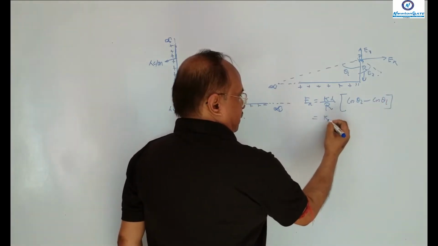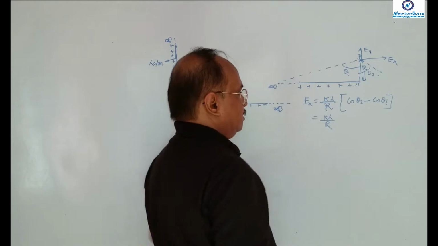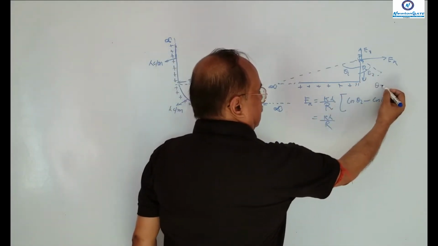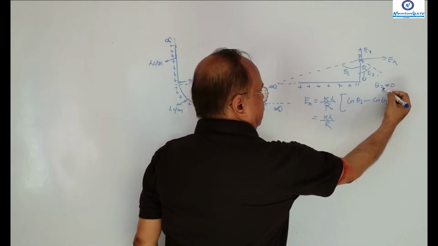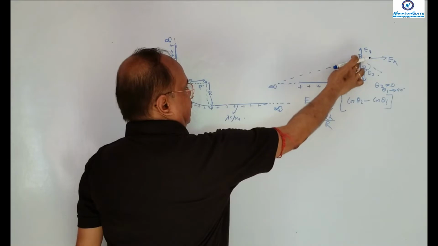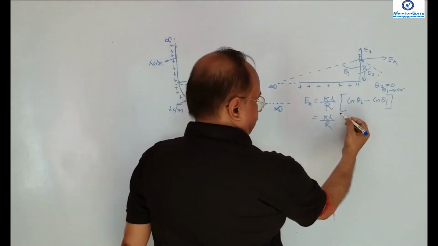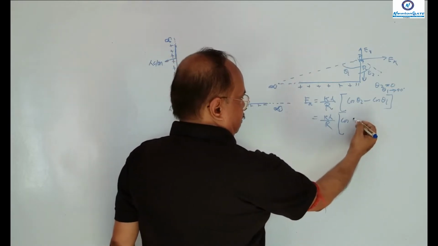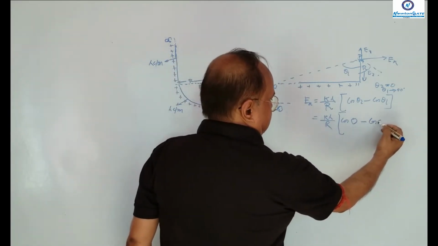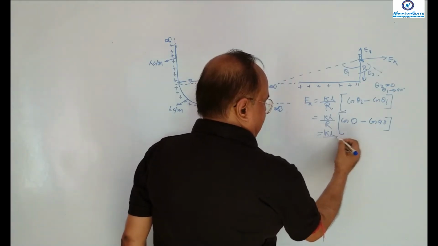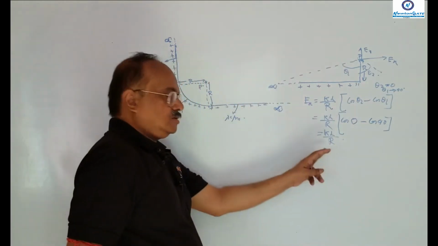Here theta 2 is equal to 0 and theta 1 tends to 90 degrees, as this approaches infinity, this angle tends to 90 degrees. So it will be cos 0 minus cos 90. Hence Ex will be equal to k lambda by r.